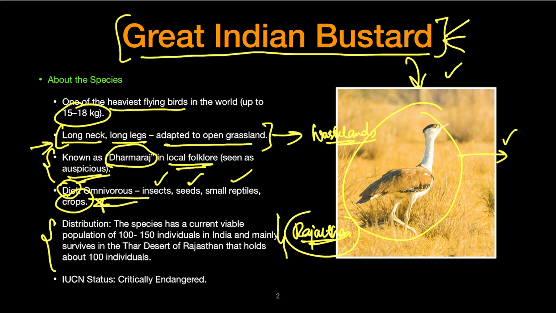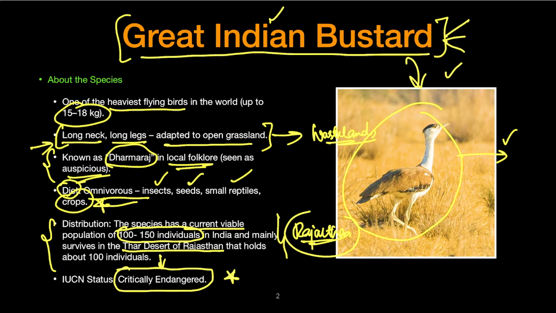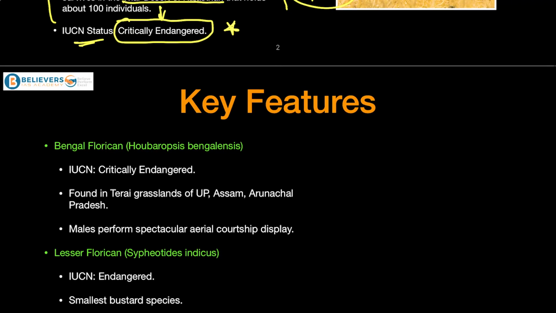Talking about the Great Indian Bustard specifically, these are currently seen in the Thar desert of Rajasthan, and it has a population of roughly 100 to 150 birds in India, which makes it absolutely important to be conserved, and hence it is classified under the critically endangered category of the IUCN.